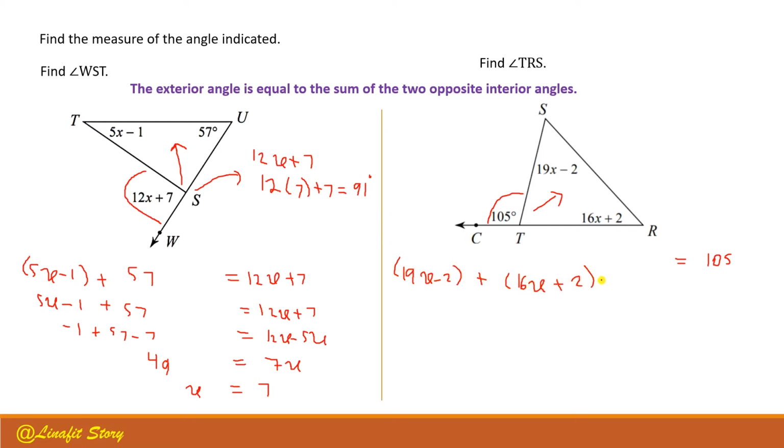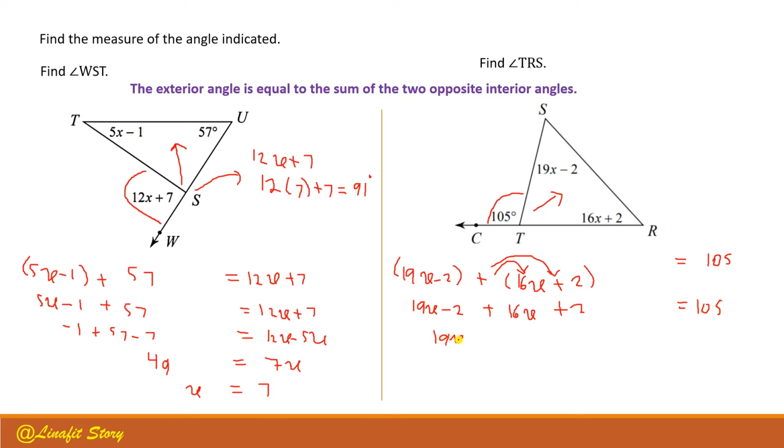If there's a bracket, we must expand. So 19x minus 2 plus 16x plus 2 is equal to 105.